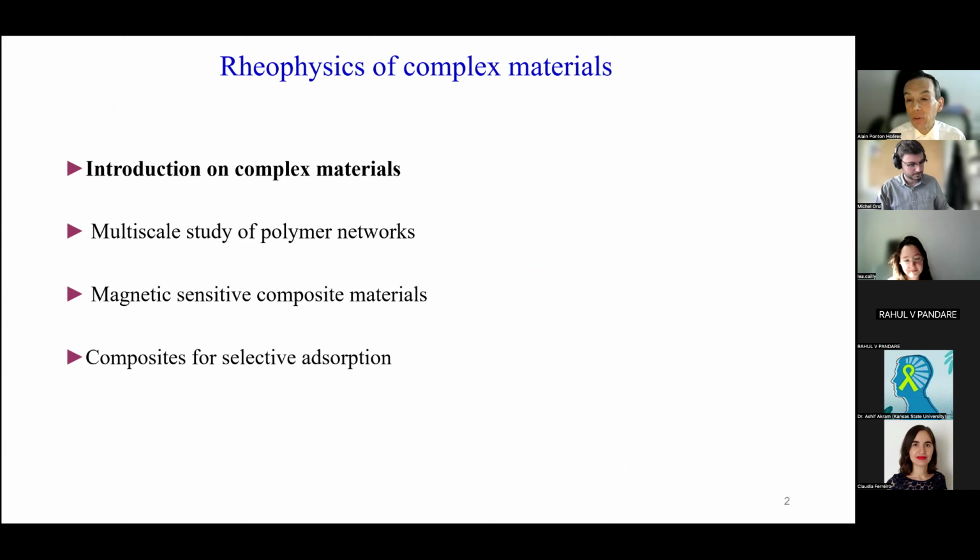Then I will show that we can study the polymer network at different scales, and I will explain why it is important to investigate the properties at different scales. And then I will show you two kinds of complex materials: magnetic sensitive composite materials, and if we have time, composites for selective absorption.